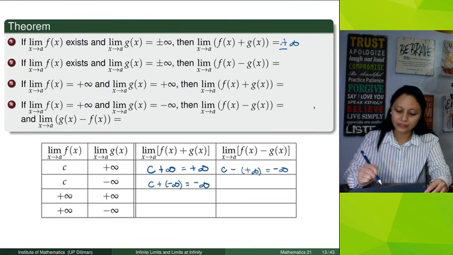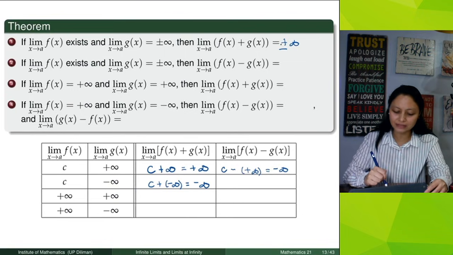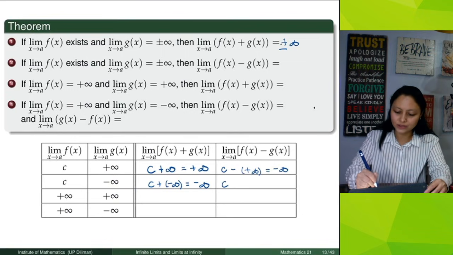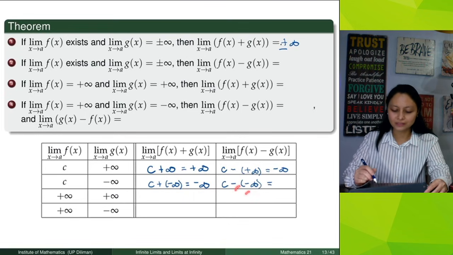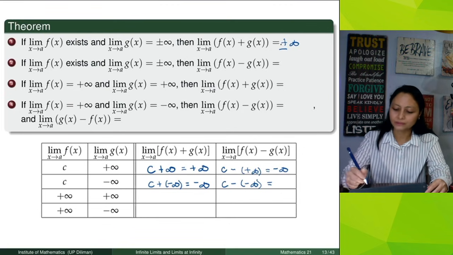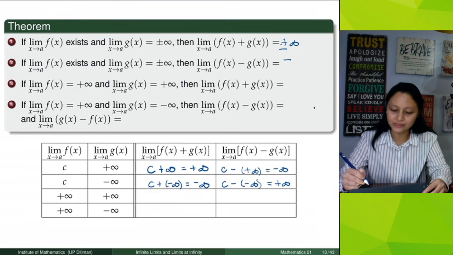Now, if the limit of g of x as x approaches a is negative infinity, what happens? You get c minus negative infinity, minus minus, so that becomes a constant plus infinity, which is equal to positive infinity. So ito baliktad: minus, plus infinity.